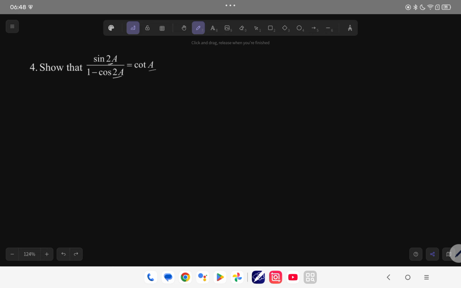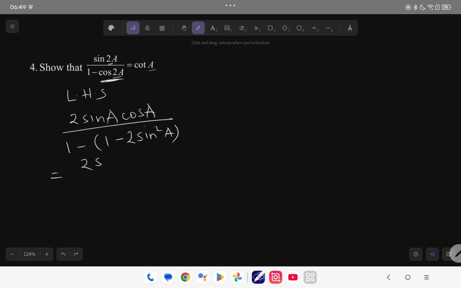Also, when expanding the cos of 2A, out of our three available choices, we shall use the one where cos 2A is equal to 1 minus 2 sin squared A. So left hand side, sin 2A is 2 sin A cos A, then 1 minus, now cos 2A is 1 minus 2 sin squared A.